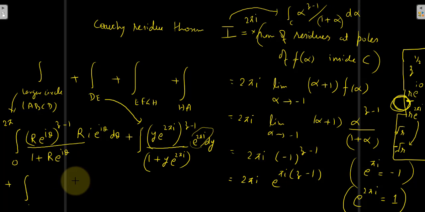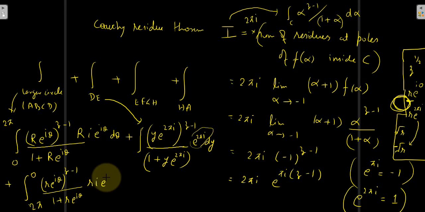So now the limit of theta will be 2 pi to 0, and this capital R will be replaced by small r. So r e to the i theta to the z minus 1 divided by 1 plus r e to the i theta, and this is r i e to the i theta d theta, right?